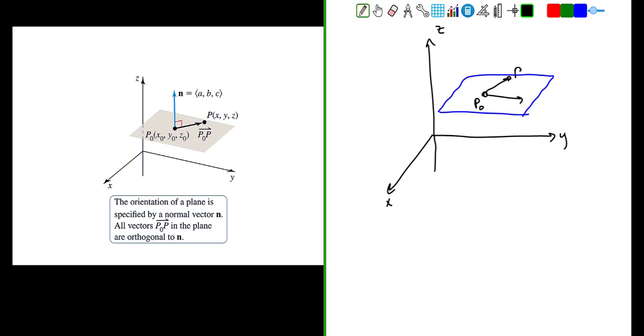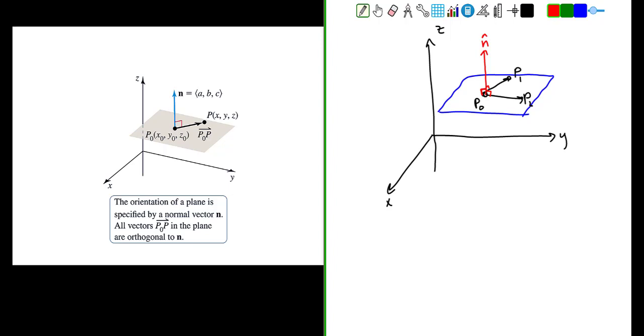So I'll just call these P1 and P2, and we can construct vectors between P1 and P2. And then a vector that is normal to both will also be normal to the plane.